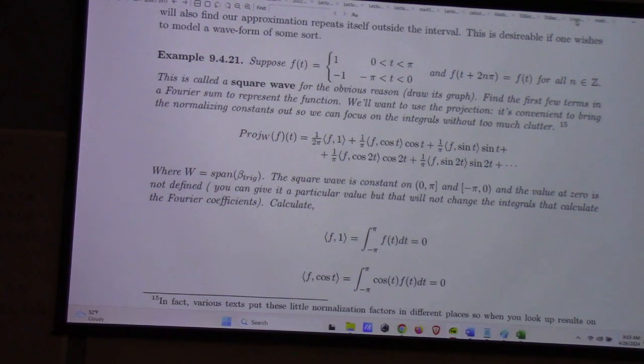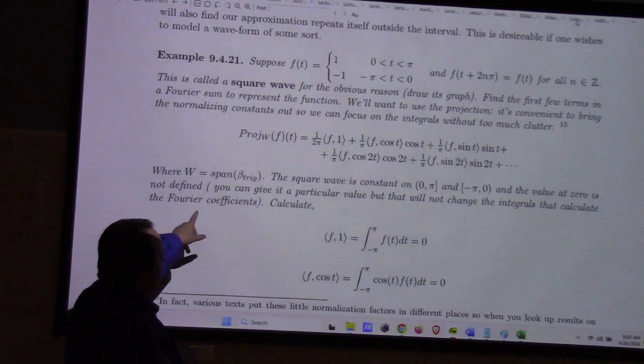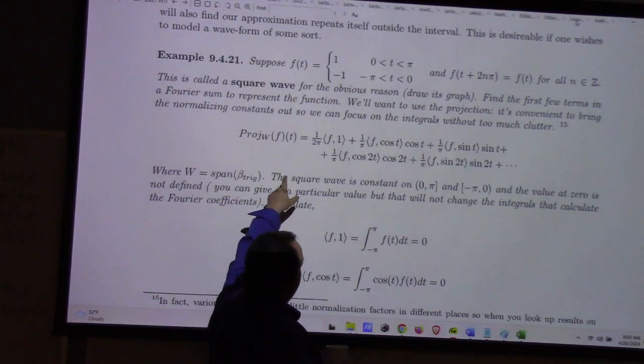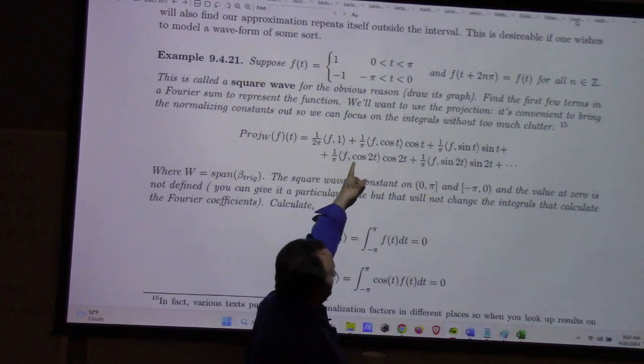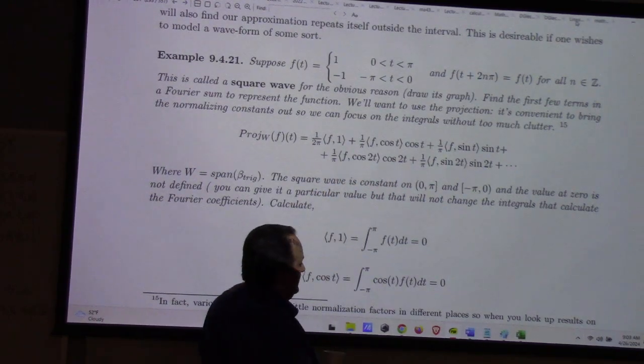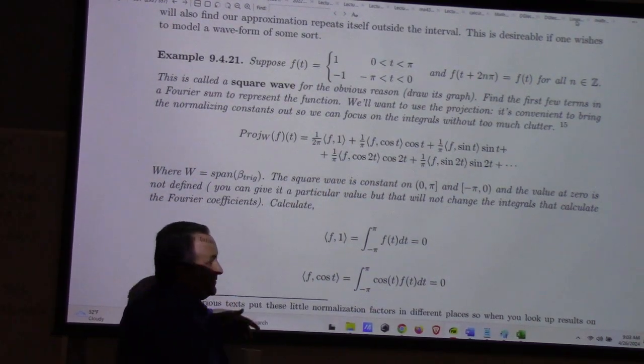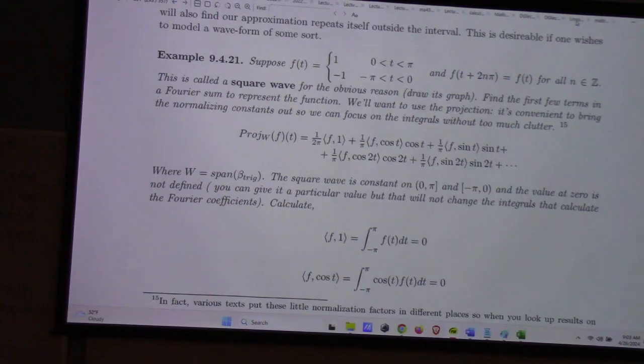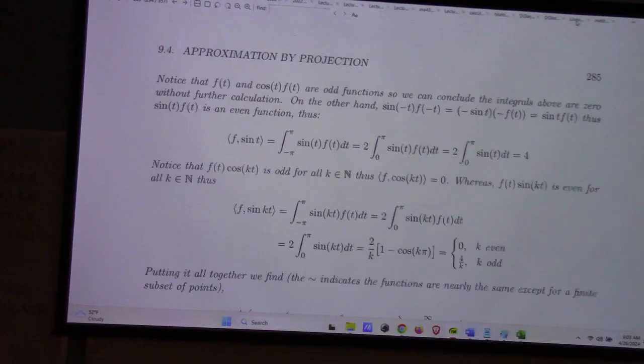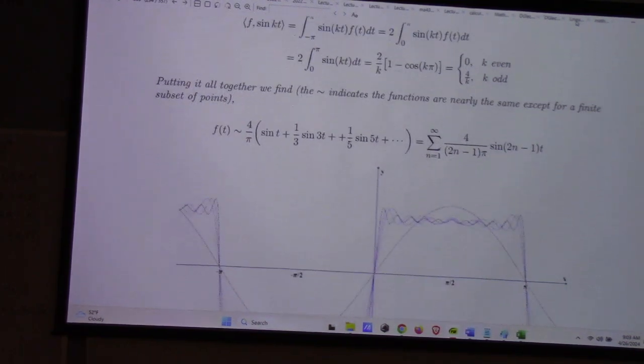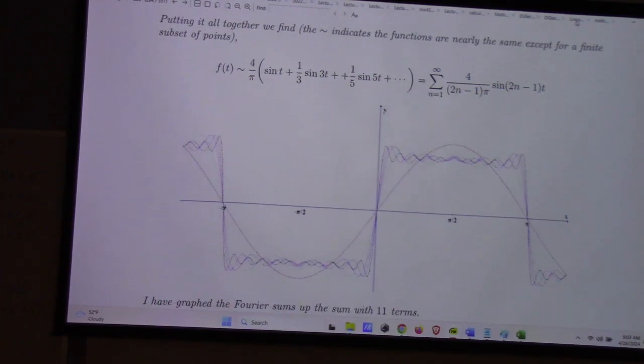And I can project that onto the sets of sines and cosines by just taking inner products with sine and cosine of the function, which amounts to doing these integrals. Many of them are 0. Some of them are not. Infinitely many of them are not, actually. All the sine integrals are not. And that gives us this right here.